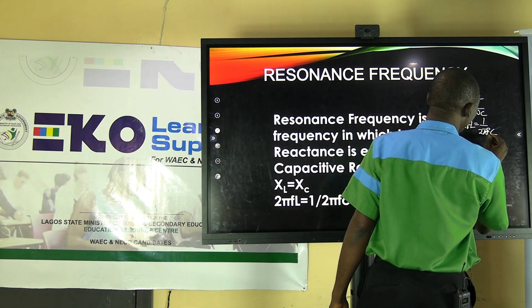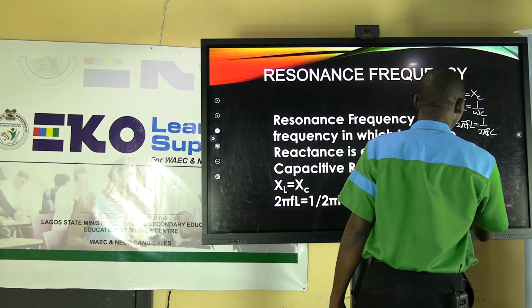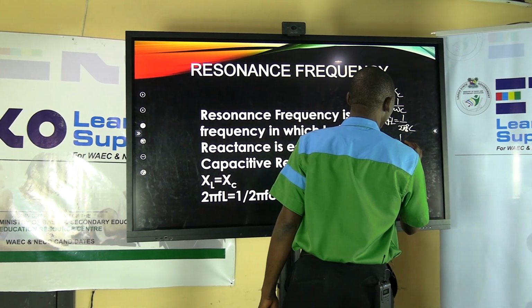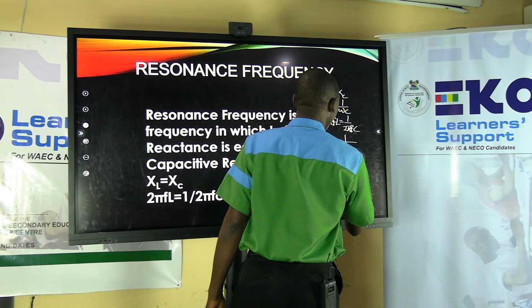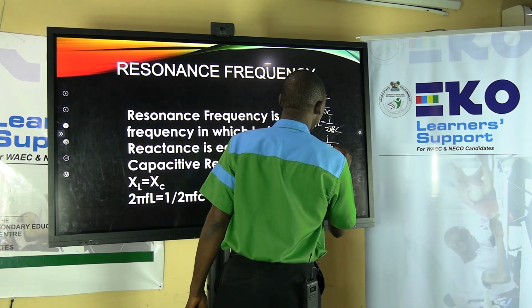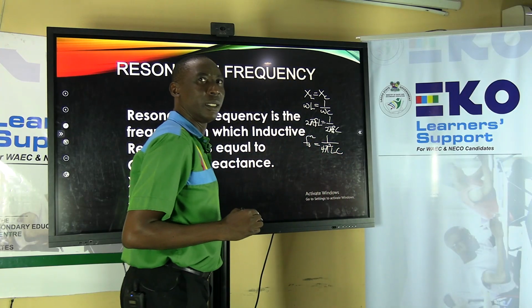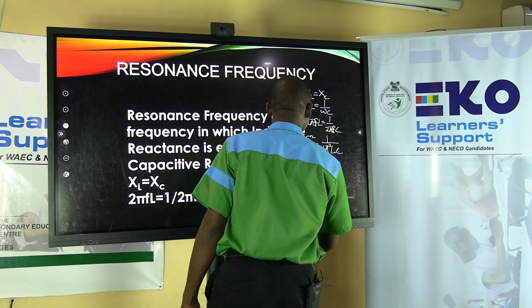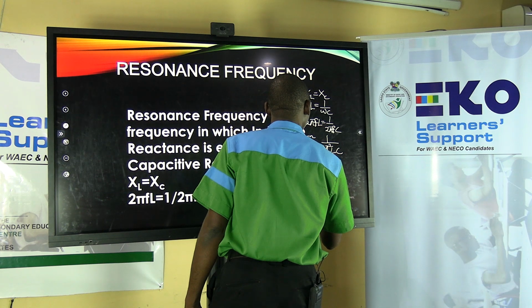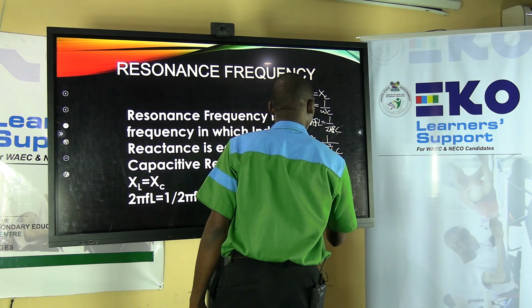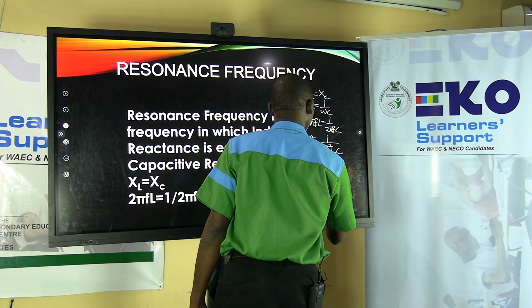So we have f squared equals, cross multiply, 1 over 4 pi squared LC. Now f will be equal to the square root of 1 over 4 pi squared LC.